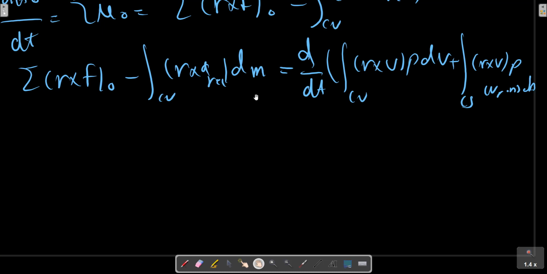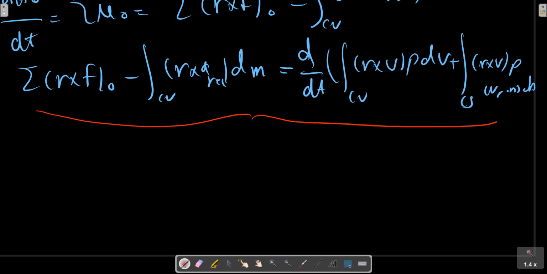For a non-deformable inertial control volume, this relation reduces. Let me write the original, which is for any coordinate system.